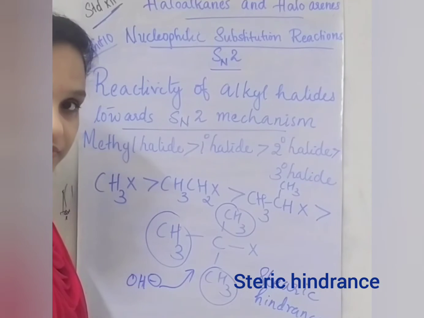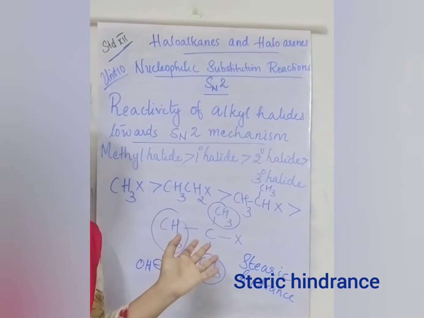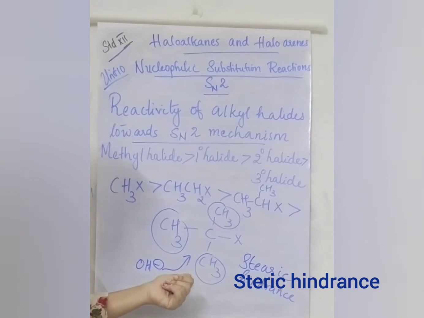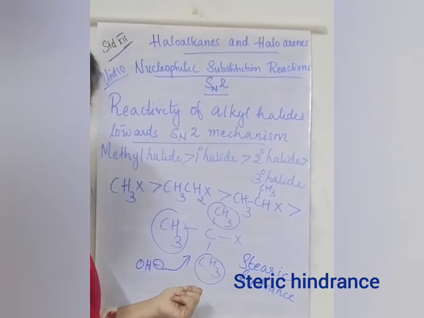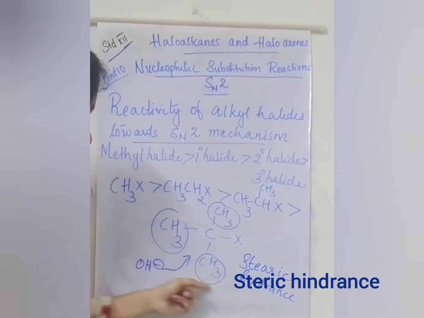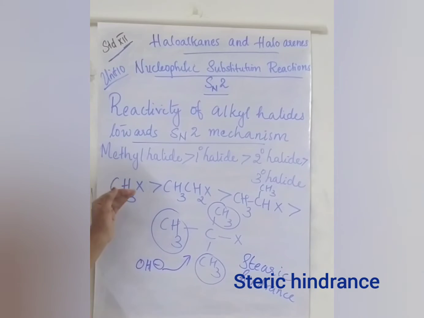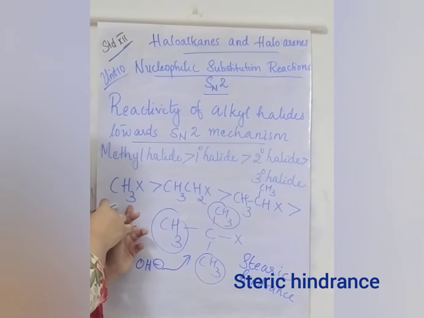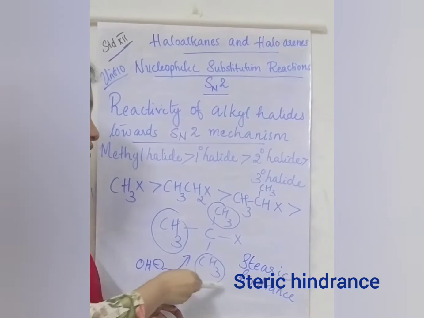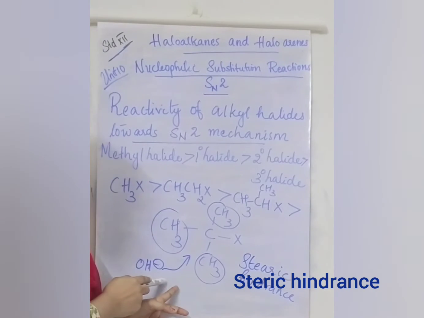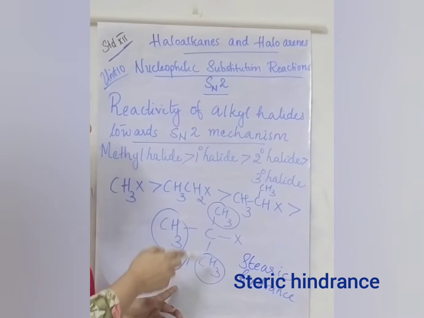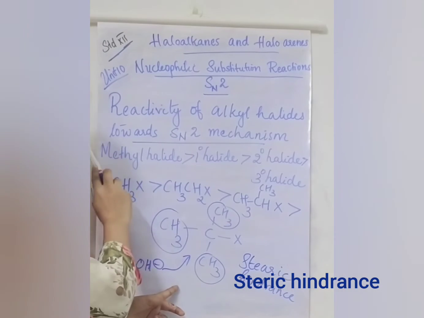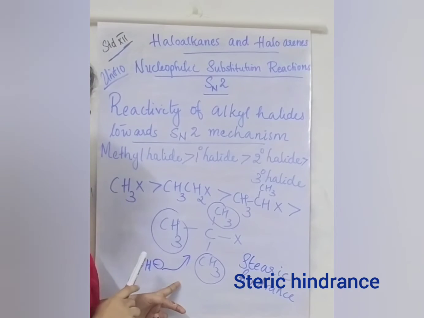Which one has the maximum steric hindrance? Tertiary alkyl halide has the maximum steric hindrance because of the three bulky groups, whereas in methyl halide there is least steric hindrance. That's why tertiary halide is least reactive towards the SN2 mechanism.